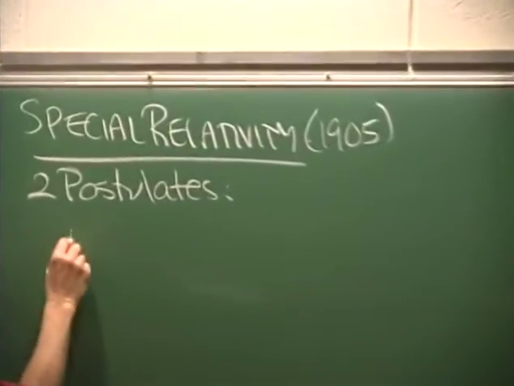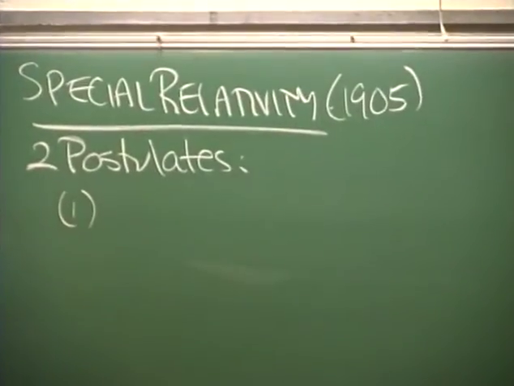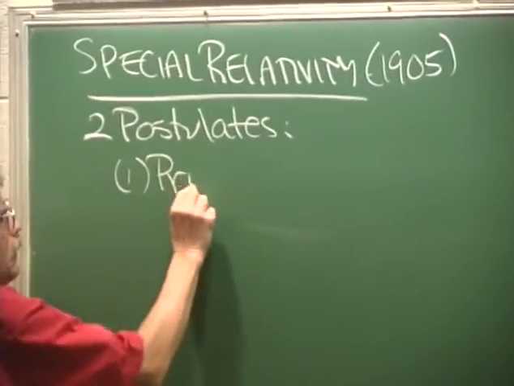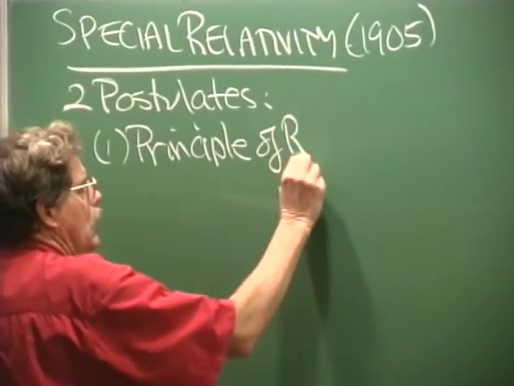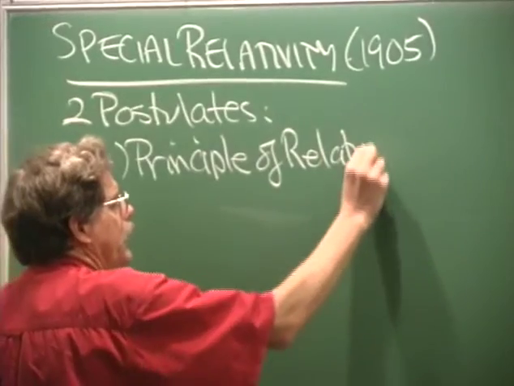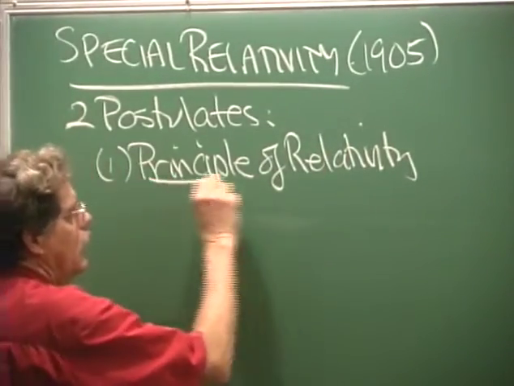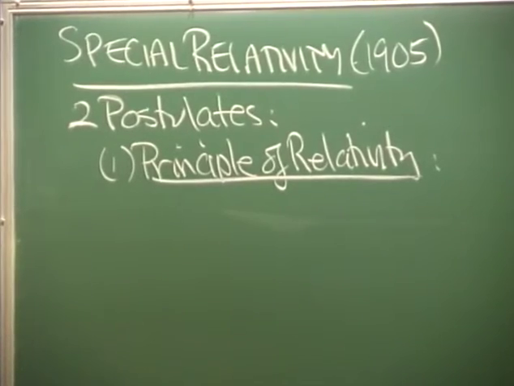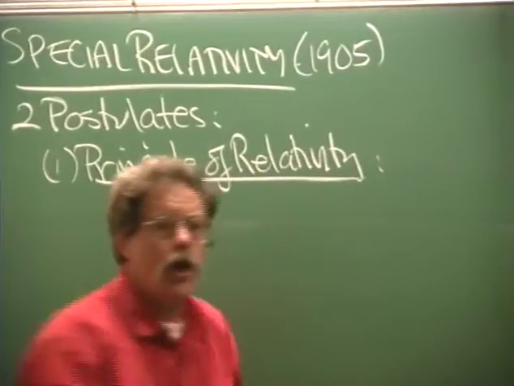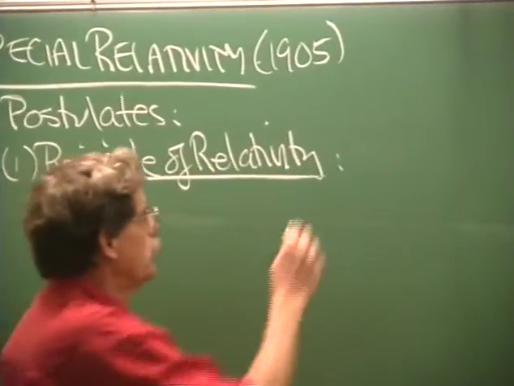Two postulates. First, the principle of relativity itself. The principle of relativity is the first postulate of the theory of relativity. It says that the laws of physics apply in any inertial reference frame.